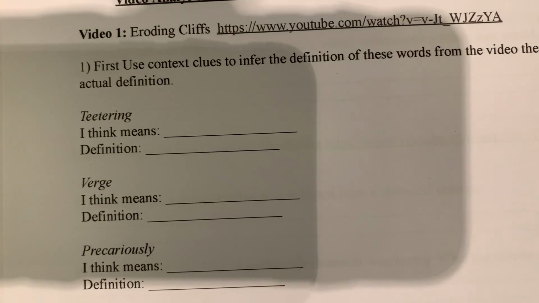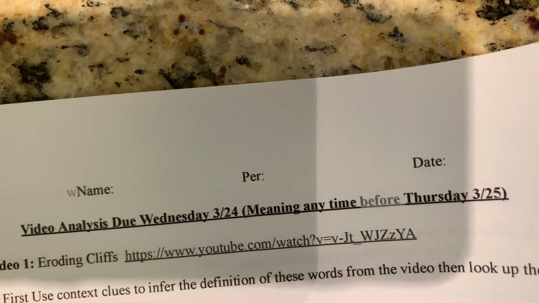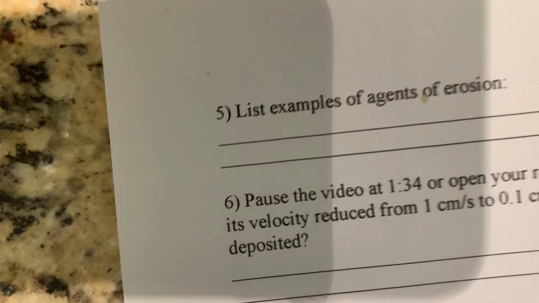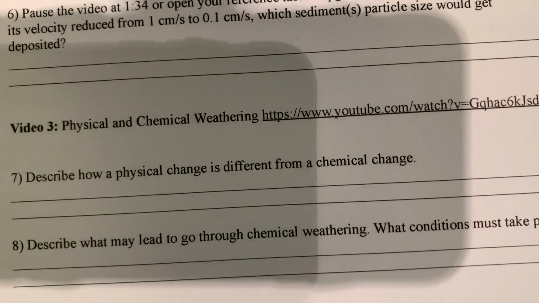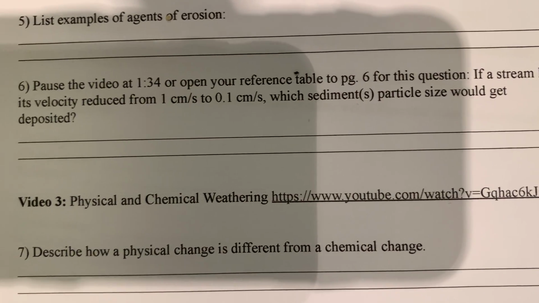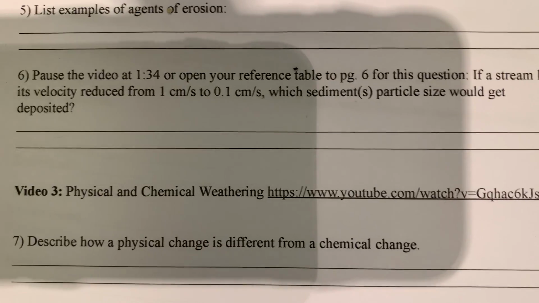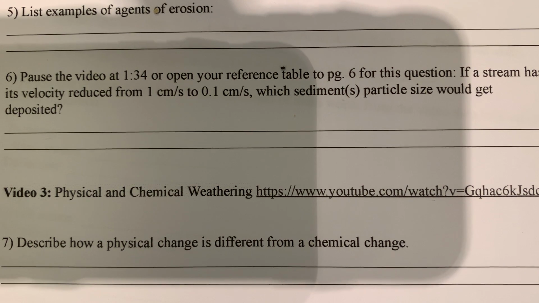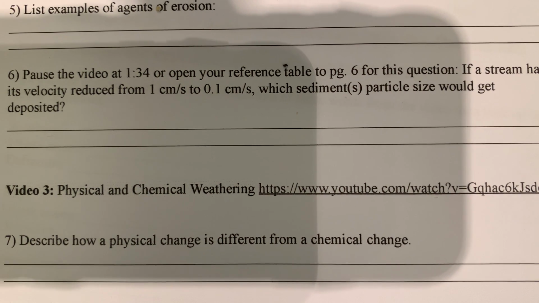Just to quickly go over this homework assignment, there was one question, number 6. Reference table. If a stream has its velocity reduced from 1 centimeter per second to 0.1 centimeter per second, what particles would get deposited? So this question is first asking you to figure out how much is moving at 1 centimeter per second. And then think about, once it slows down, how much of that which was already moving is now dropped off.